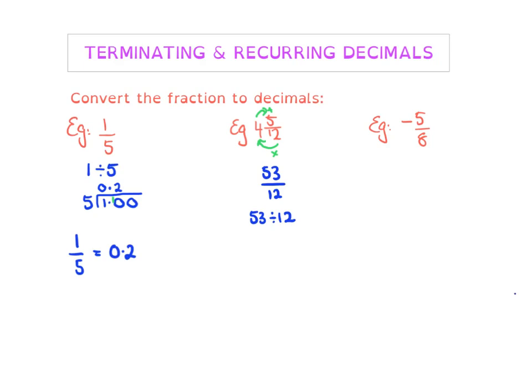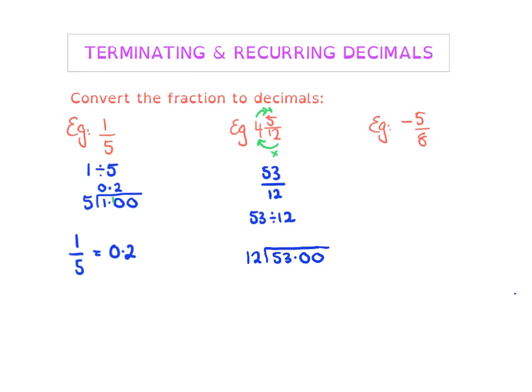So I'm going to say it's like 12 going into 53. Okay, so we can add some zeros there in case we need it.